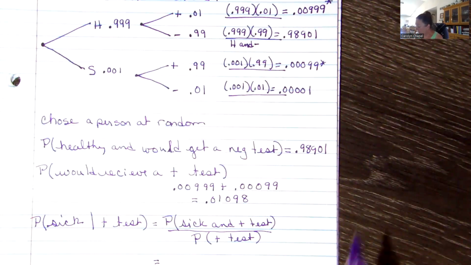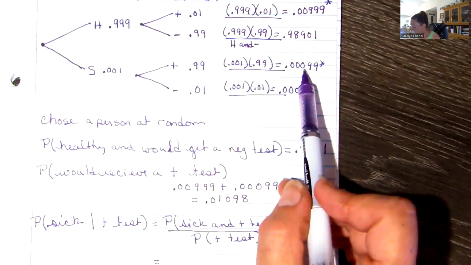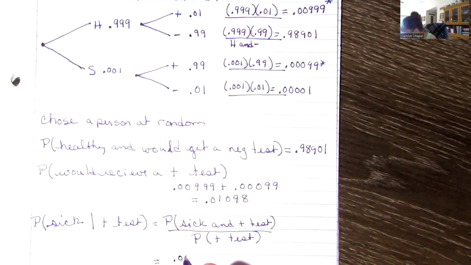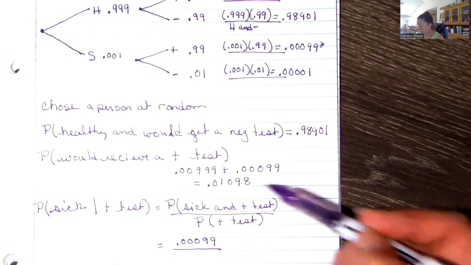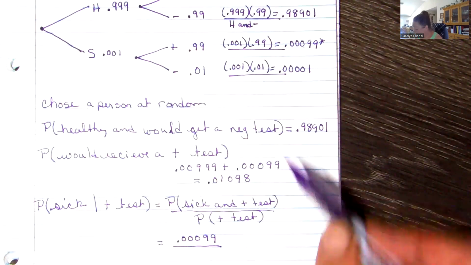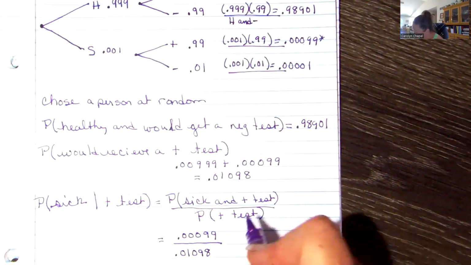So our sick and positive pieces, that's this guy right here. So that's my 0.00099 over the probability that we have that positive test, which is the answer that we just did previously. Kind of why I did that, because I knew where I was going in this video.